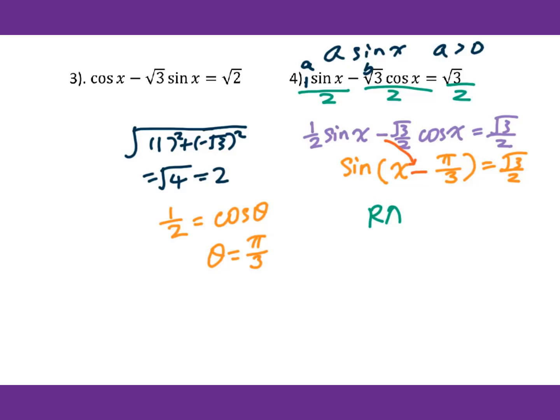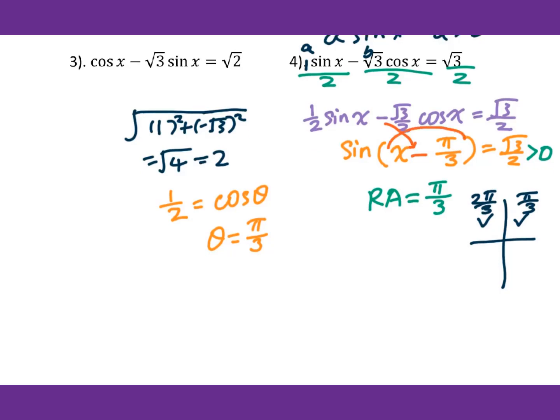Then we go to the reference angle, that will be pi over 3. Since sine is positive, therefore we will go to the first and the second quadrant. That will be pi over 3 and 2 pi over 3. So we make this angle equal to these two. You will get two equations now.